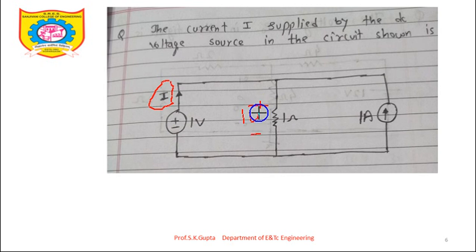According to Ohm's law, current equals V by R, so 1 volt upon 1 ohm, and current enters the positive terminal whenever a resistance is there. So 1 ampere current will enter the 1 ohm resistor.